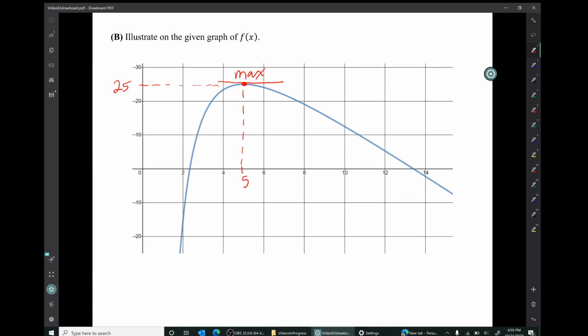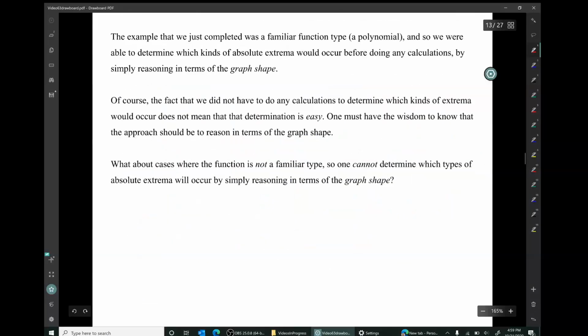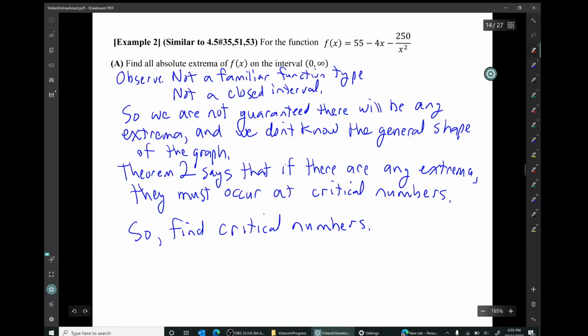Let's go back up and review how this started. We started this by wondering about examples where we don't have a closed interval and the function is not a familiar type, so you don't have an idea at the beginning of the shape of the graph. What do? Well, we started by looking for critical numbers.